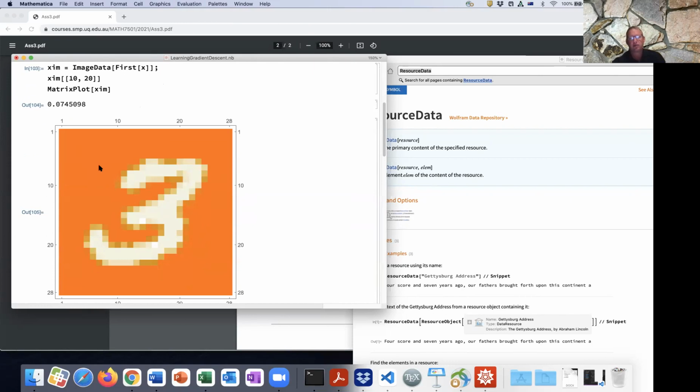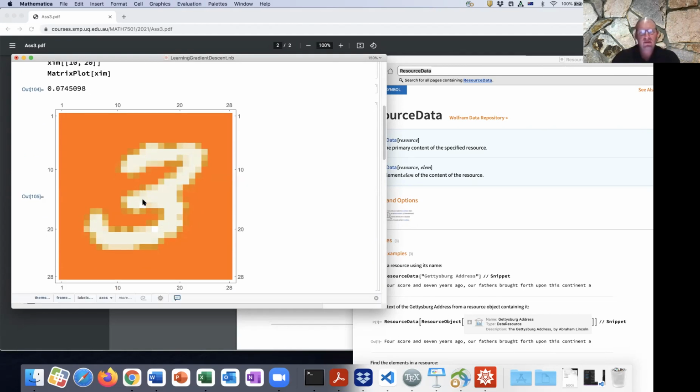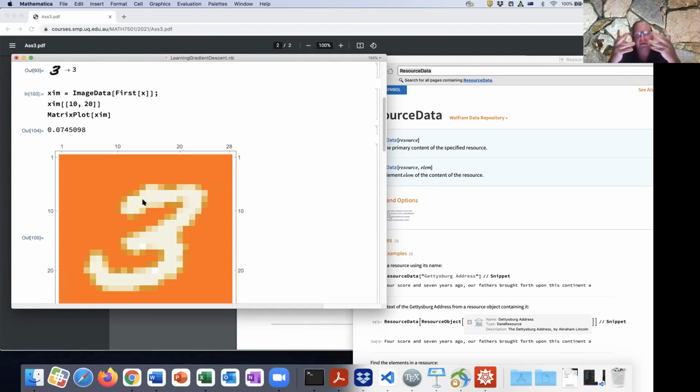So the 1 here is completely dark and the 0 is completely light. You can flip this encoding, of course. These are numbers between 0 and 1, and it's kind of arbitrary what's light and what's dark. So in this sense, the data is a matrix.